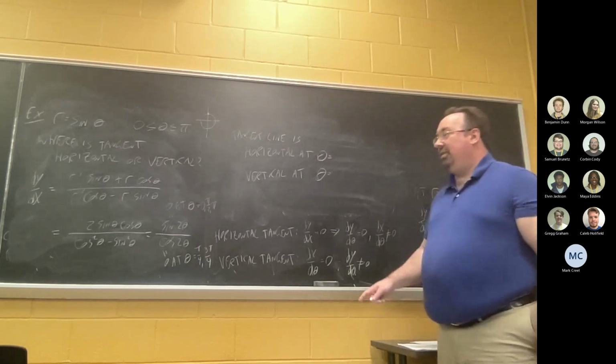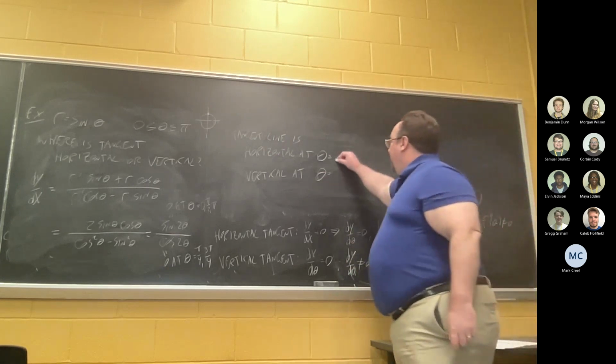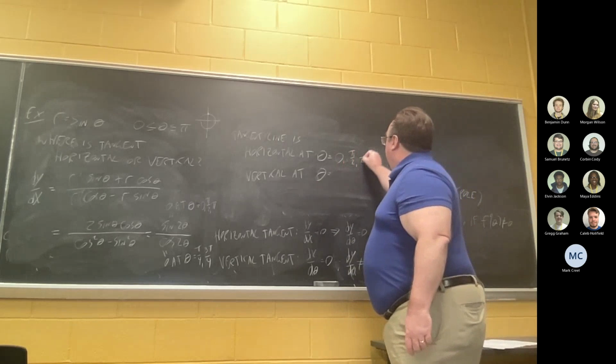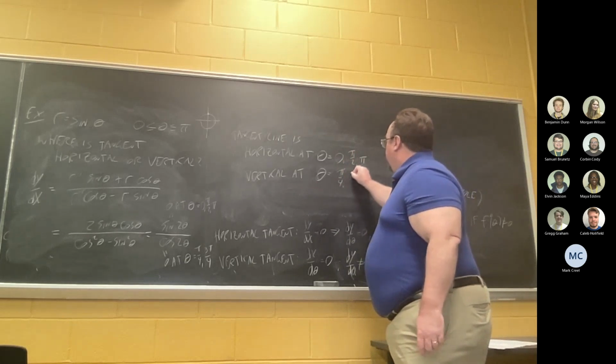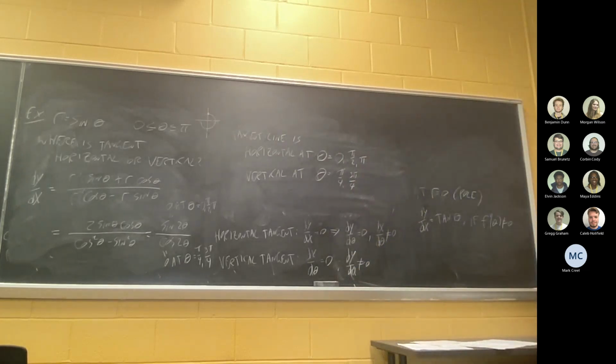So basically, this is what we collected here. So 0, pi over 2, and pi for horizontal. Pi over 4 and 3 pi over 4 vertical. So at least they didn't have any zeros in common.